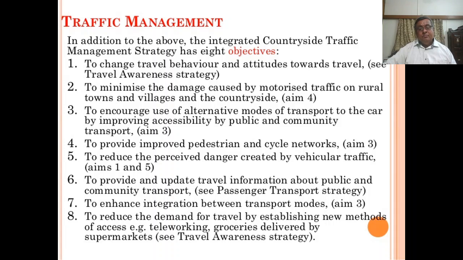Fifth, to reduce the perceived danger created by vehicular traffic. Sixth one, to provide and update travel information about public and community transport. Seventh one, to enhance integration between transport modes. Eighth, to reduce the demand for travel by establishing new methods of access. For example, teleworking, groceries delivered by supermarkets.